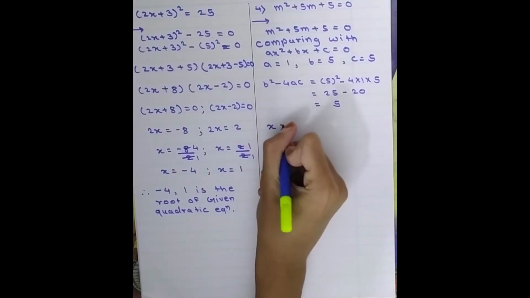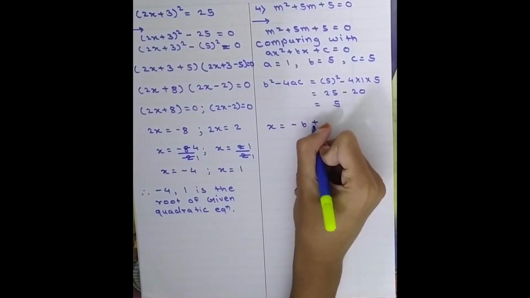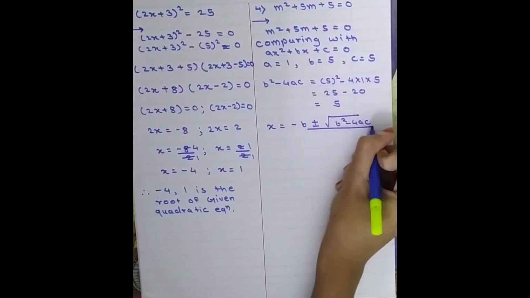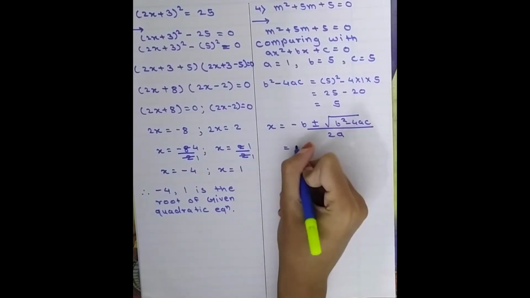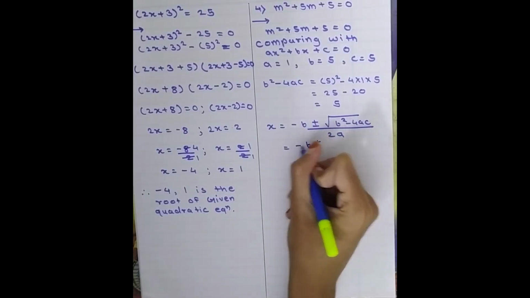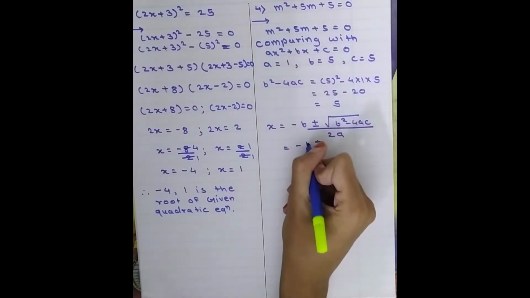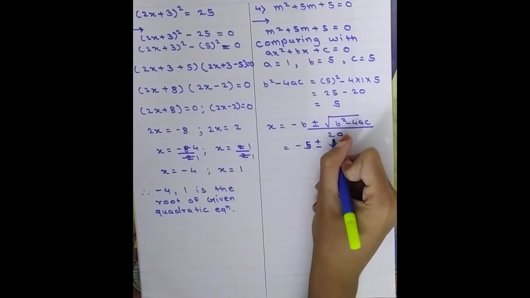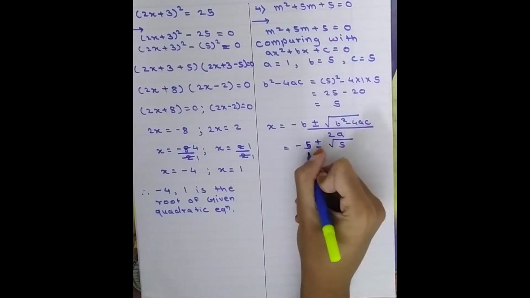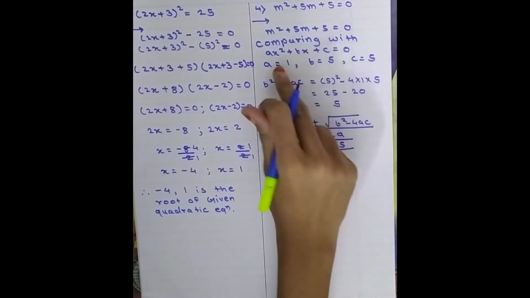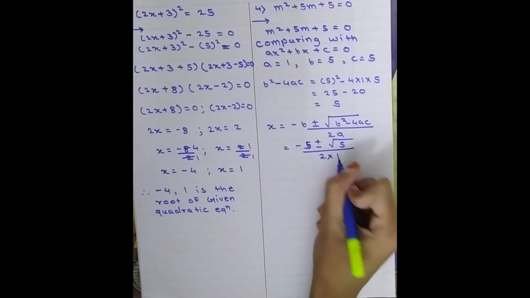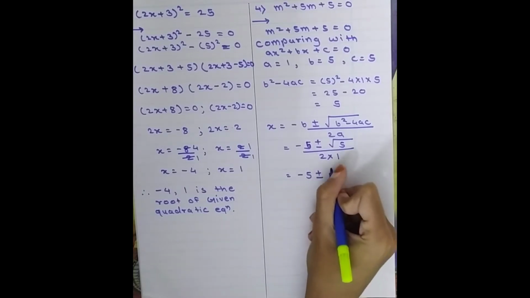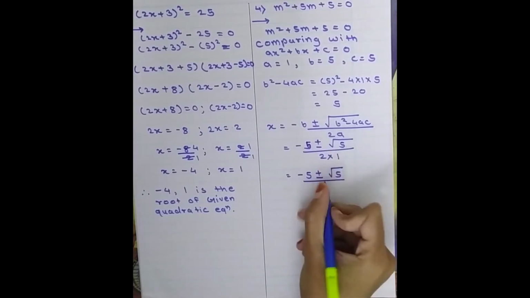Next, x is equal to minus b plus or minus root of b square minus 4ac upon 2a. So minus b is minus 5, plus or minus root of b square minus 4ac is 5, upon 2 multiplied by a is 1. So here it is minus 5 plus or minus root 5 upon 2.